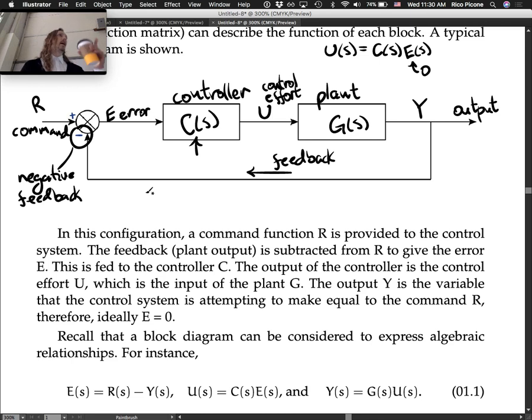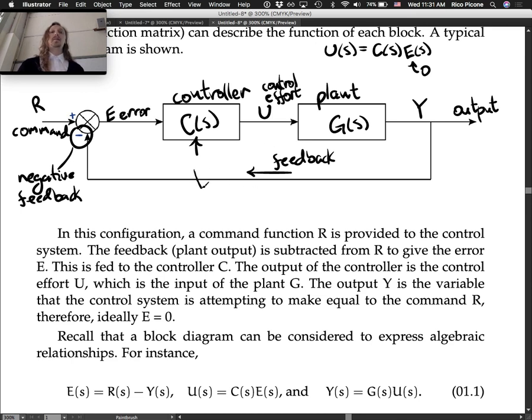Yeah? Is our feedback ever represented by a Laplace function? Or is that just kind of assumed to be just the cycling of the system? So I think what you're getting at is, is the output always the whole feedback, or is there sometimes something in here? Yes, there's often something in here.